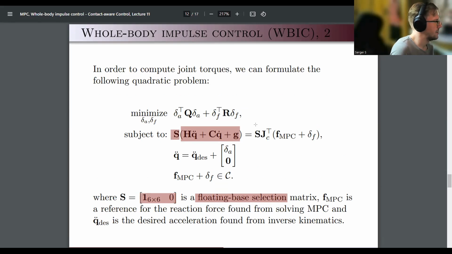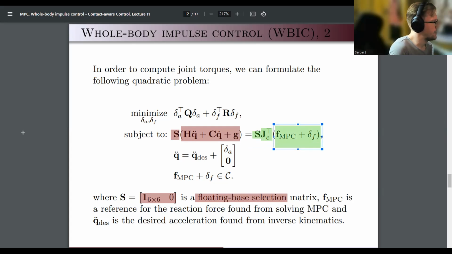Now, the right-hand side. Let's look at it one step at a time. This is our contact Jacobian. This is our selector matrix. Here are the reaction forces.